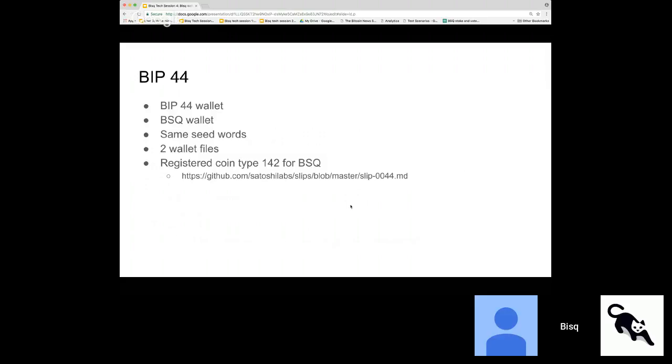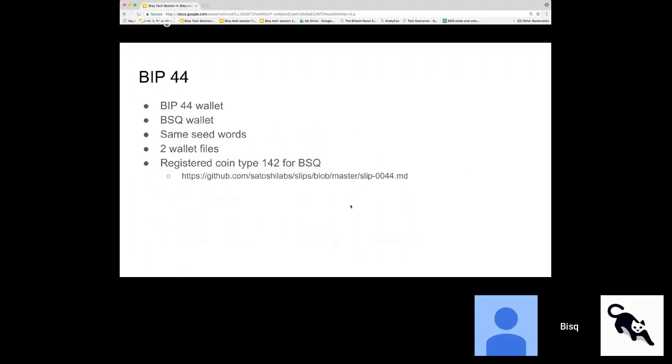With this, we basically have the same root key, but then we have 2 branches. One branch is for the Bitcoin part, which has a registered coin type as well. I think it's 1 or something. And then we have another branch, 142, for the Bisq wallet.